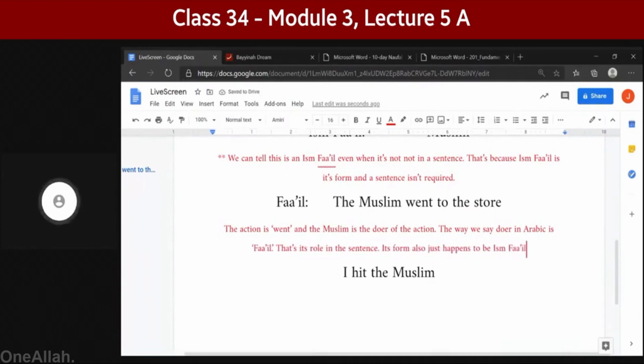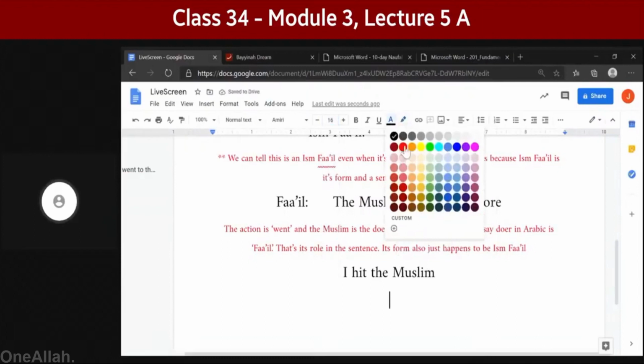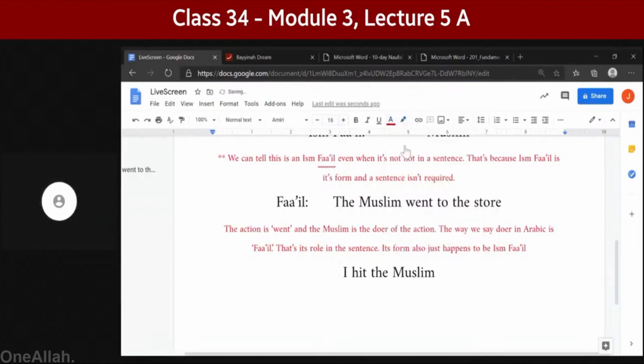But you don't have to have an ism fa'il as the fa'il. The fa'il can be a lot of different things, like we saw in the second sentence. In the second sentence, the fa'il was a pronoun. The action is hit, and I is the doer of the action.